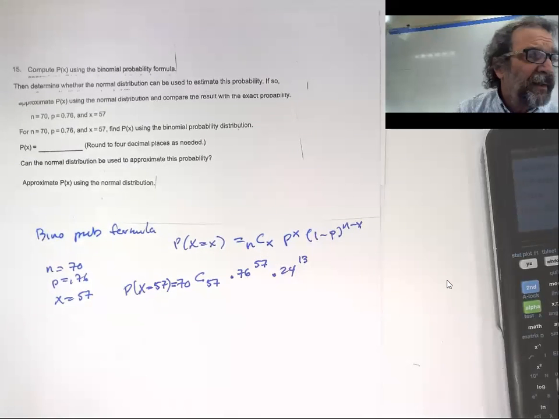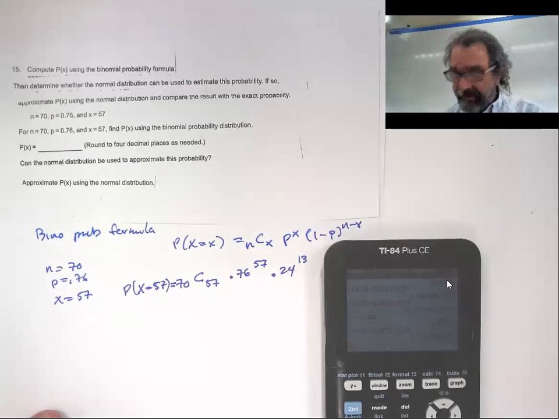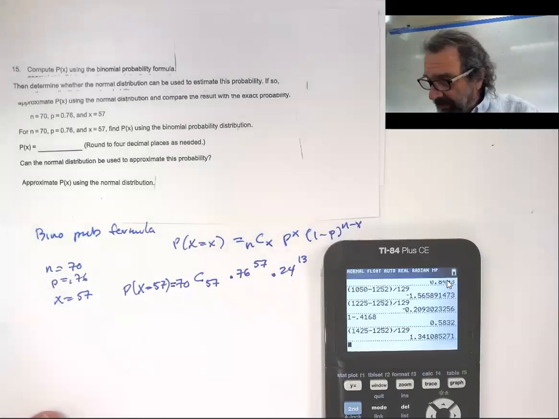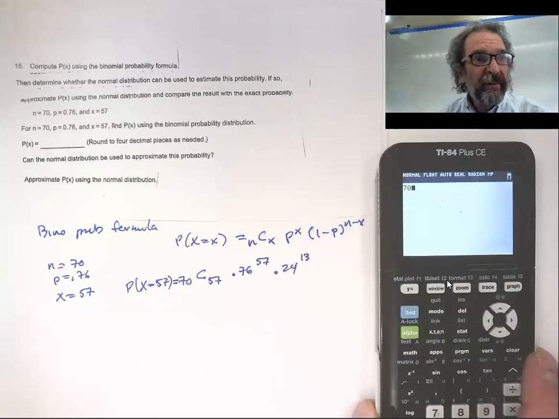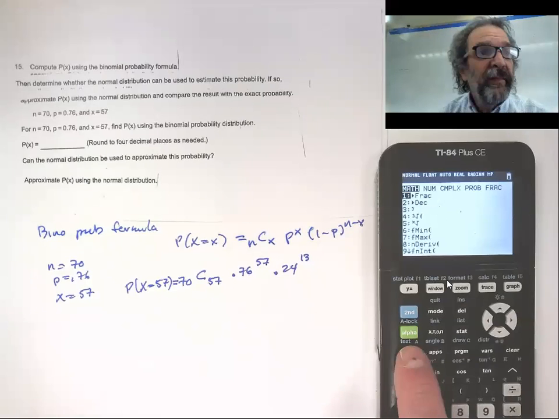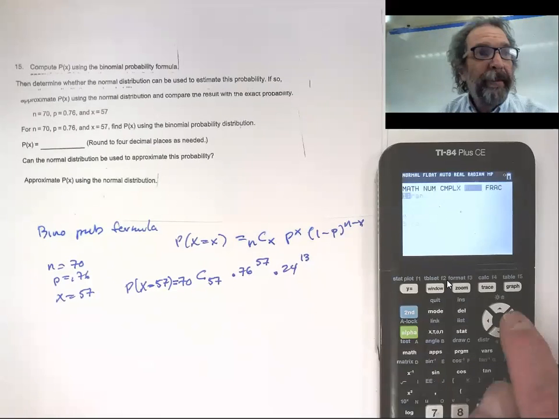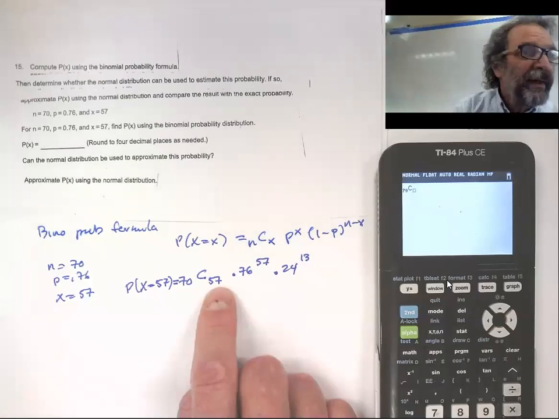70C57. Okay, so now we're going to make that happen. Clear, okay, clear it again. Okay, so we start by typing 70. Then we go to math. Let me put this up here where you can see it. We zoom over to prob. Go to nCr. There it is. And then we had 70 already in place.